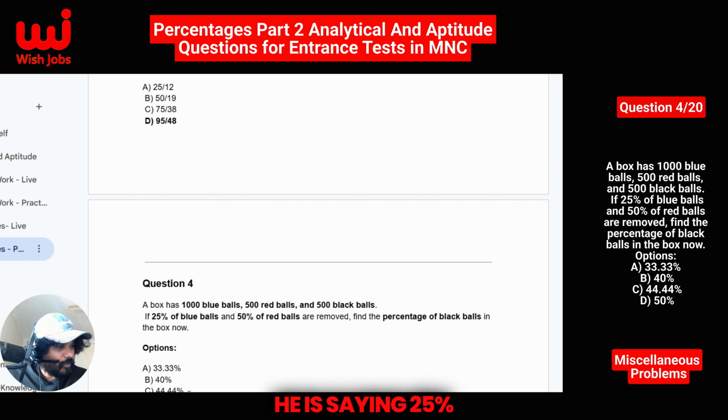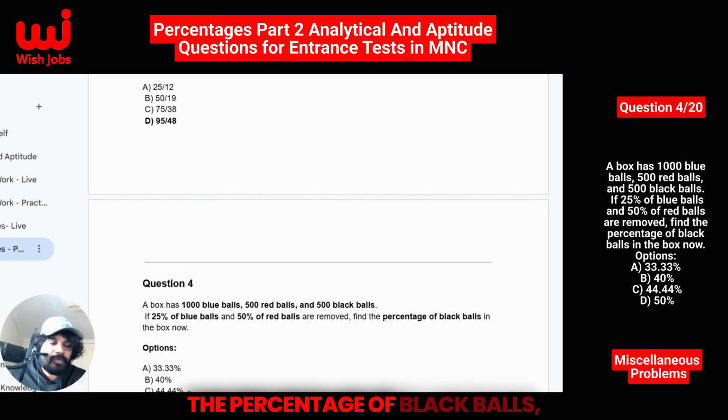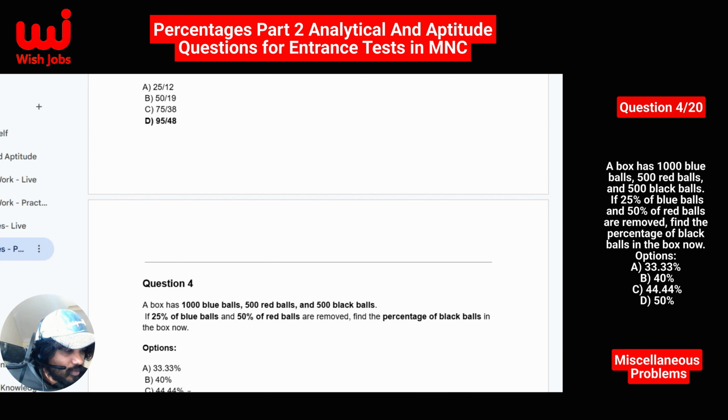He is saying 25% of the blue balls and 50% of red balls are removed. What percentage of black balls are in the box now? Just a basic small calculation.